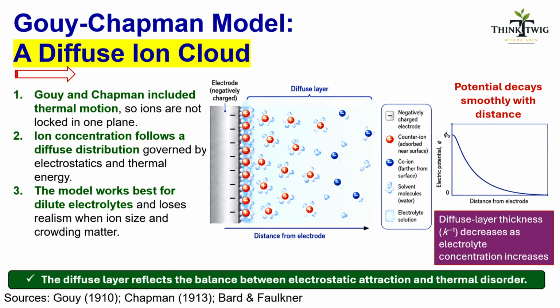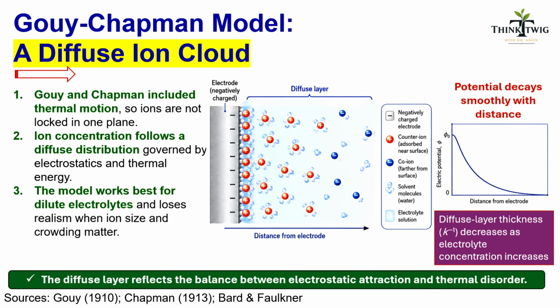The concentration of counterions is highest near the electrode surface, and as we move away from the surface, their concentration gradually decreases, and their electrical potential also decreases smoothly with distance. In the electrolyte, the distribution is controlled by electrostatic forces and thermal motion. The Gouy-Chapman model therefore gives a more dynamic picture than the Helmholtz model. It also explains why the diffuse layer becomes thinner when the electrolyte concentration increases.